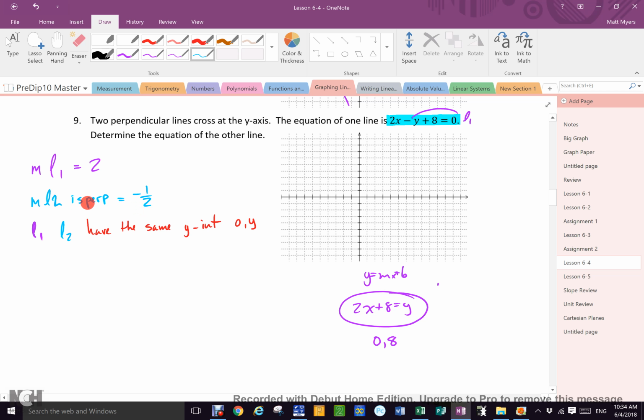So now do I know my negative slope? I know line 2's slope. So do I have a slope for line 2? Do I have a point for line 2? So I could do y minus 0 equals negative 1/2 (x minus 8). Couldn't I? Everyone agree?